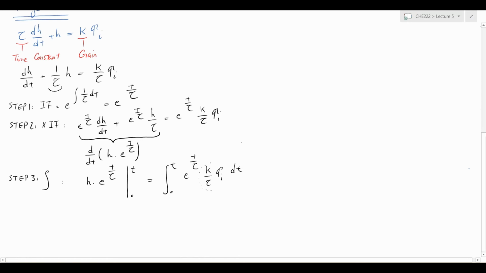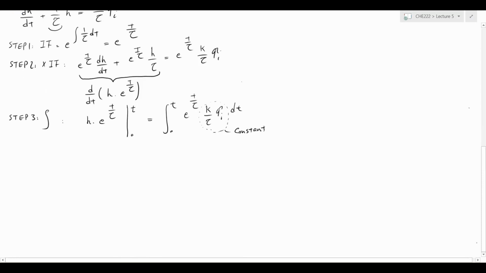I just remind you that these are constant, so we can factor them out of the integral. If I evaluate the left hand side of the equation, it will be h times e^(t/tau) minus h0, which is the elevation of liquid at time 0, times e^0, which is 1.